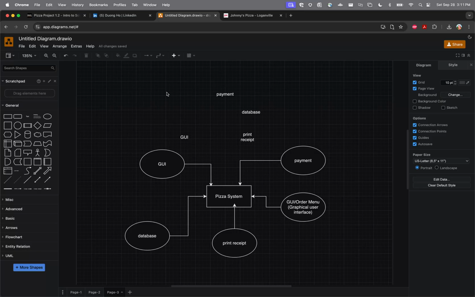You need to have payment capability. Need to have a GUI so customer can order. Need to have a database. Need to be able to print receipt. And so these would be your ER. And then I just attach this to your requirement document, and that will be enough for me.